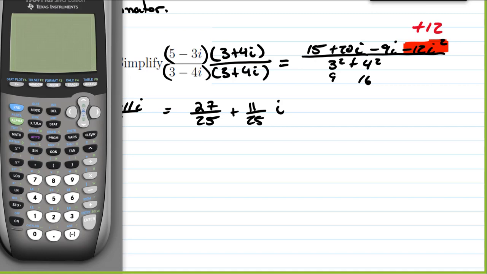And that is a great feature. So we can go ahead and try that with our complex numbers. So I go 5 minus 3i over 3 minus 4i. Let me type that in.